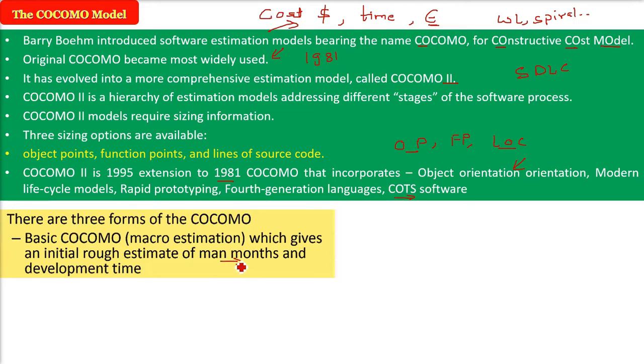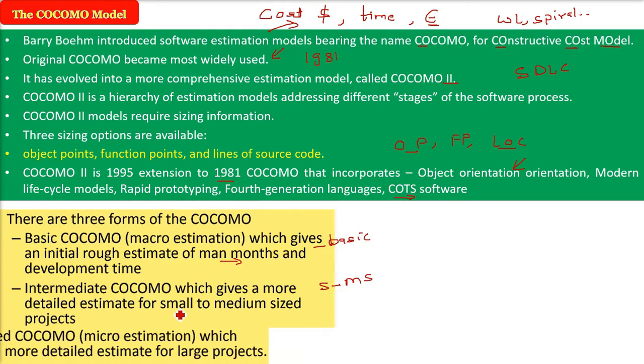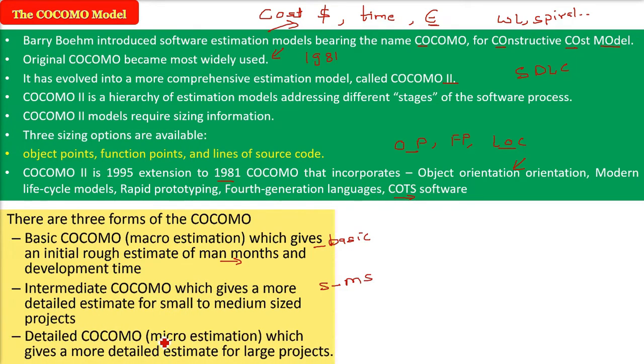Then we come to the intermediate COCOMO. The basic project is small, and if we go up to a medium-sized project, intermediate COCOMO gives us a more detailed estimate. Finally, we have detailed COCOMO, which is the micro estimation, which gives a more detailed estimate, especially for large, complex projects.